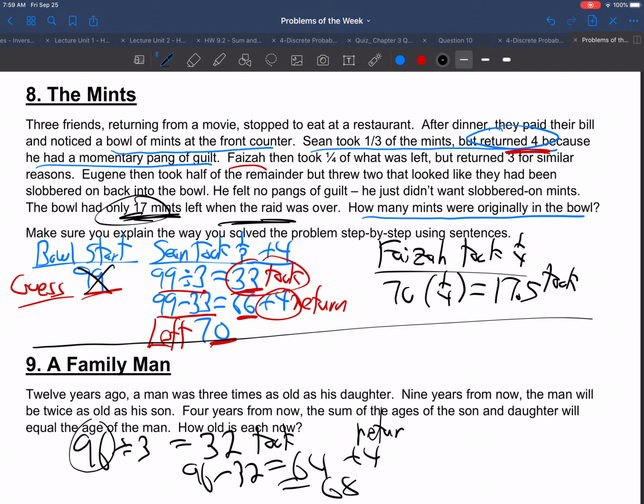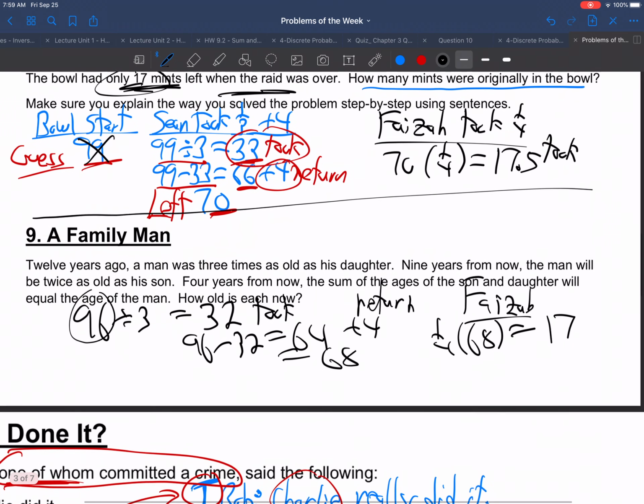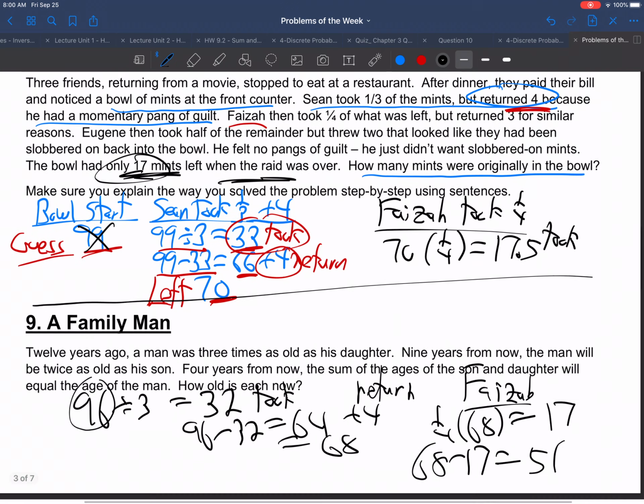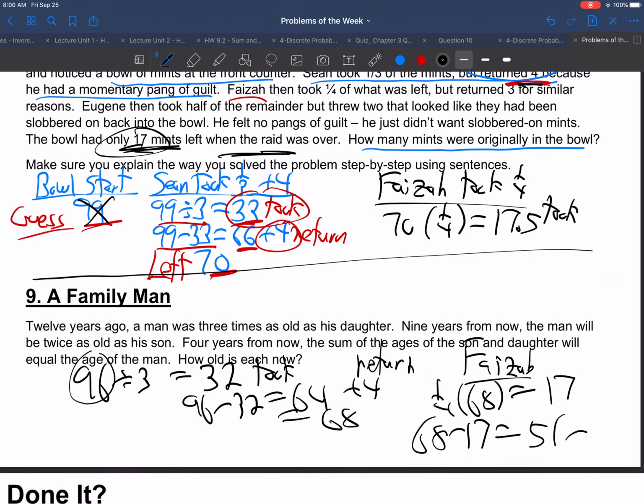So that leaves 68 left. And then the next guy took 1/4. Feza took 1/4, so 1/4 of 68 is 17. He took 17. So 68 minus 17 leaves 51, and then he returned 4, so he left 55. And then you can go on to the last guy.